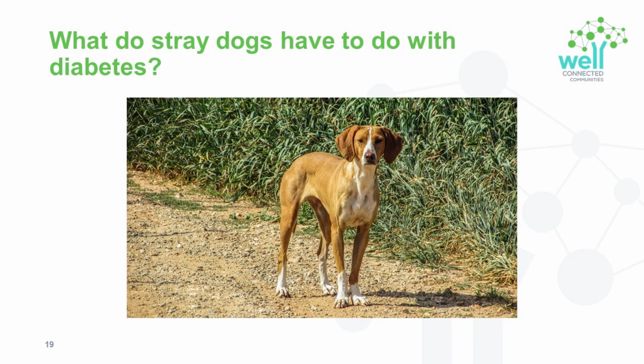Let's take the stray dog example one step further and examine how this is a social determinant of health. Recall that social determinants are the circumstances where people are born, grow up, live, work, and age that influence health. This is a real-world example. One rural community was heavily impacted by diabetes.